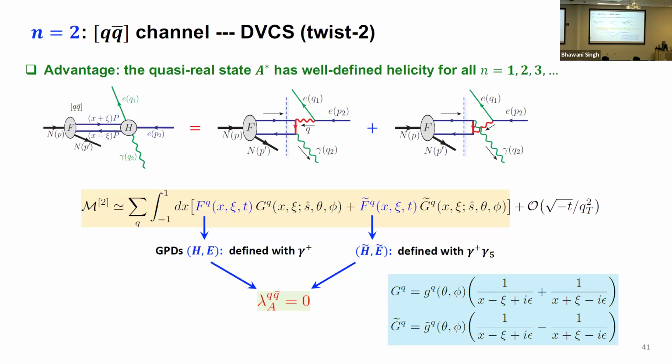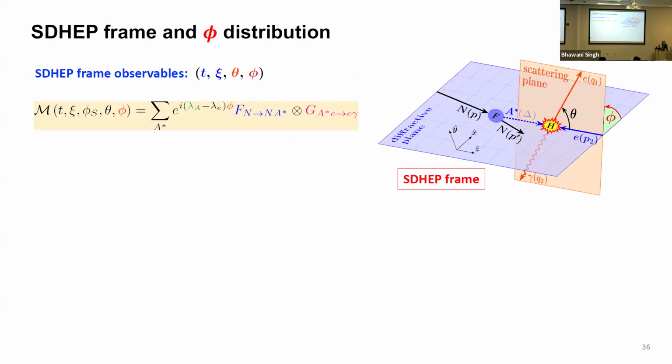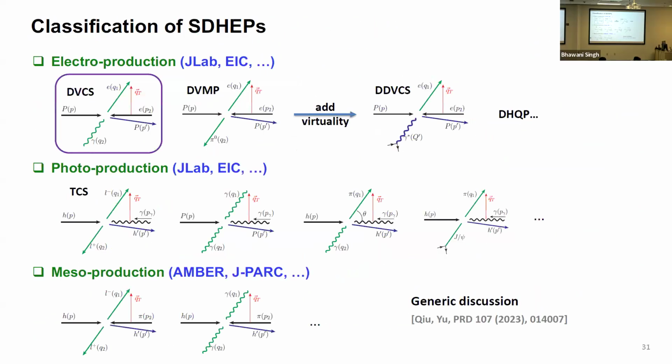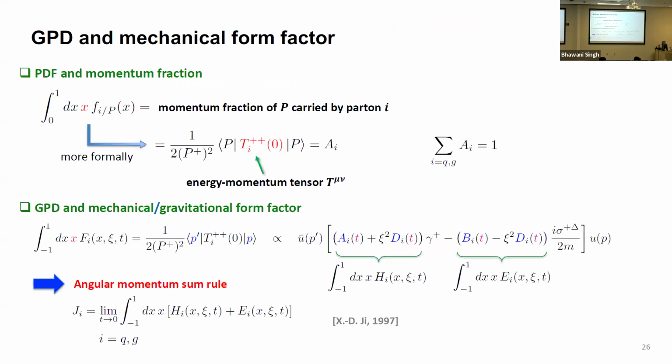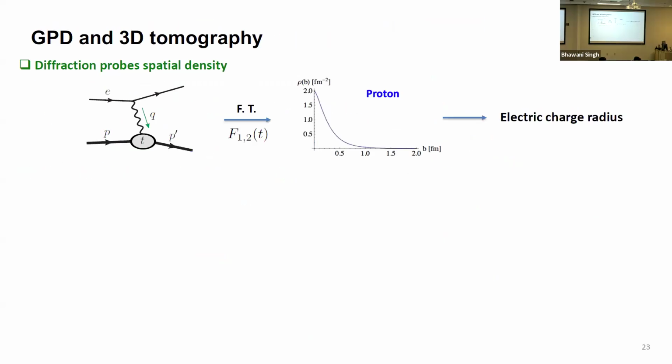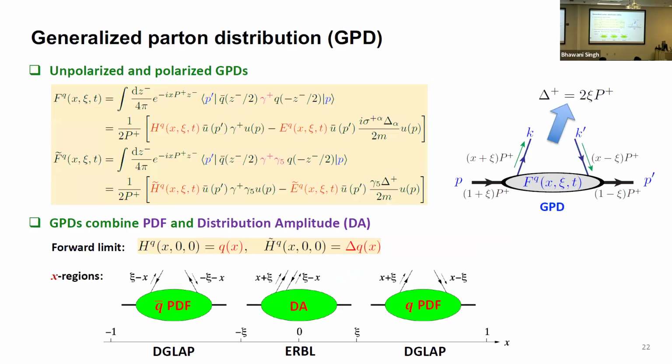In that case, it's no longer a GPD. So you have two proton states, proton and antiproton, both in the initial state, and you will no longer have the GPDs as we defined here. Instead of having P in initial and P prime in final, you have both P and P prime in the initial state.